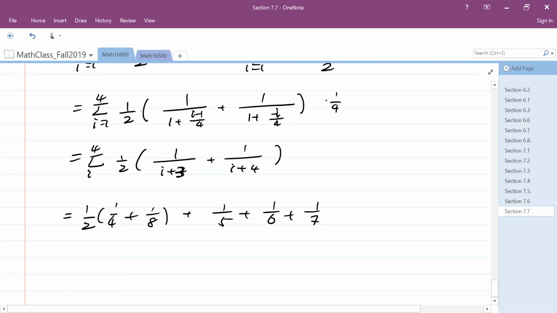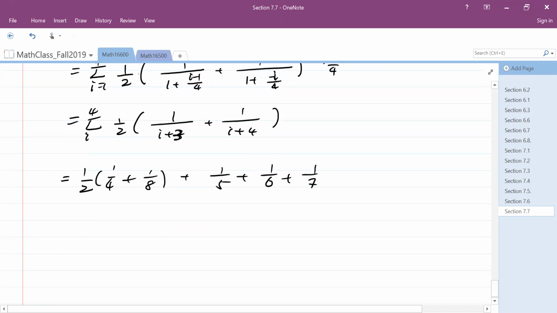So if the function is a decreasing function, or if the function is increasing, then it's clear that the trapezoid estimate or the midpoint estimate is better than the left endpoint estimate or the right endpoint estimate.